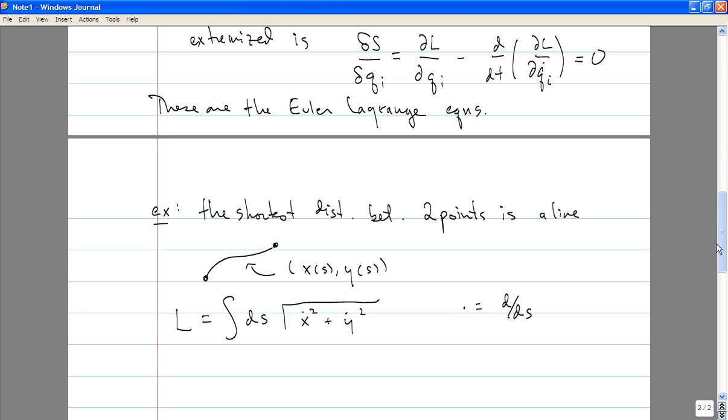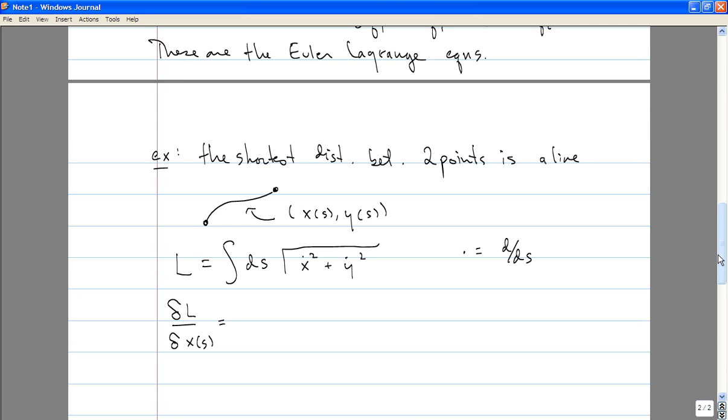So we have 2 equations which must be satisfied, which are the functional derivatives of the length with respect to x and y. This would be a case where we have a functional that is a function of 2 functions, x of s and y of s. The functional derivative of L with respect to x of s is, well, there's the derivative of L with respect to x, which is 0, because L depends on x dot and not on x.